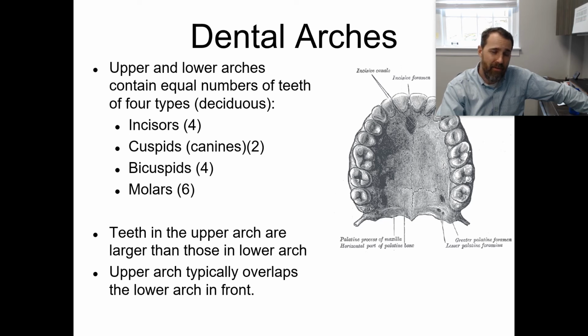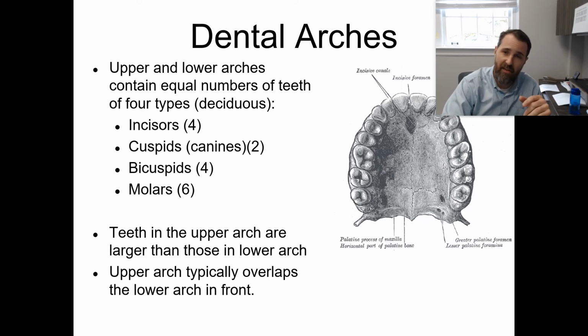Baby teeth are referred to as the deciduous teeth, and a child has most of them by the time he's 2.5 years old, and then around the age of 6, those deciduous teeth start getting replaced with your permanent teeth, your adult teeth.